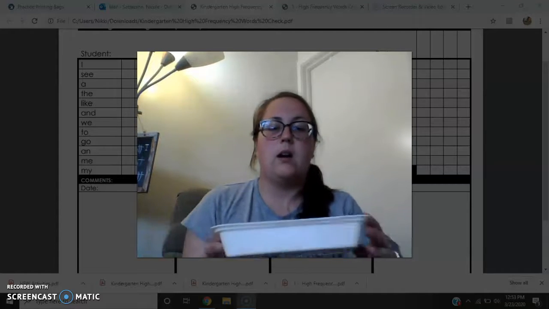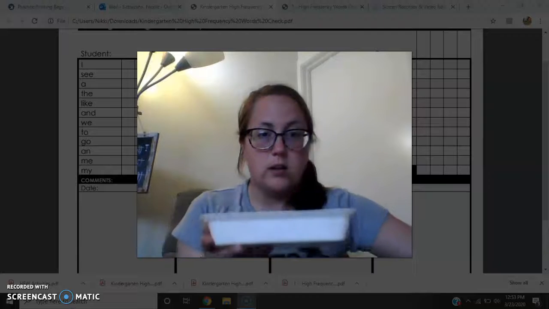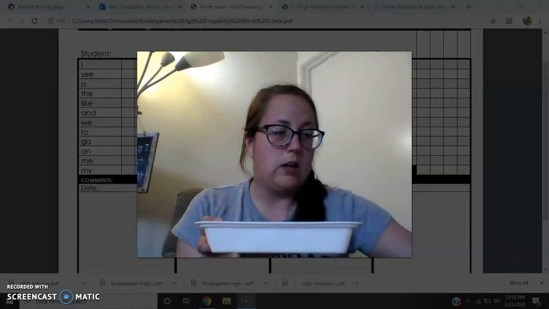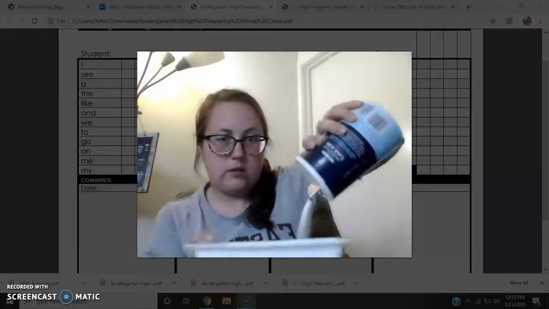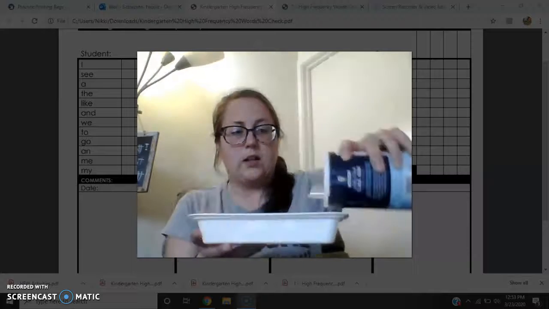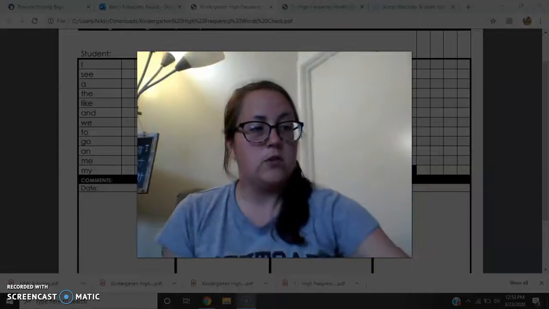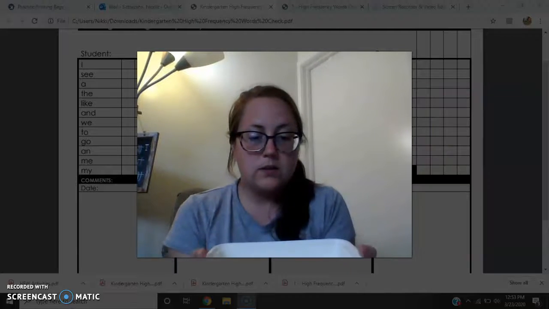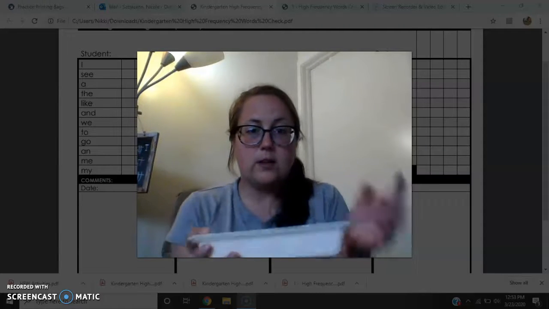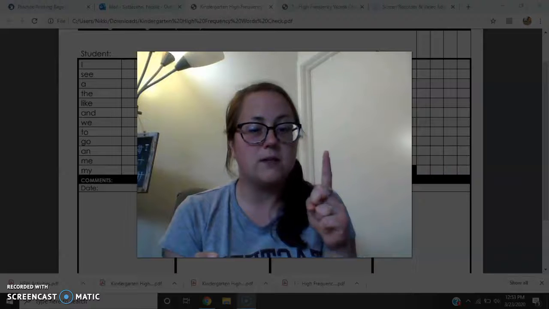Okay, so what you do is you take your old container and you take your salt and you dump the salt into the container, and then you want to fill the bottom so that the whole bottom is covered.